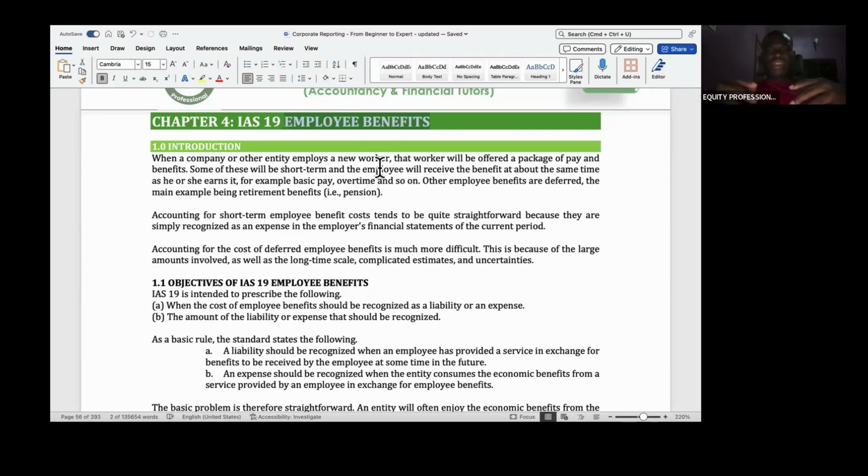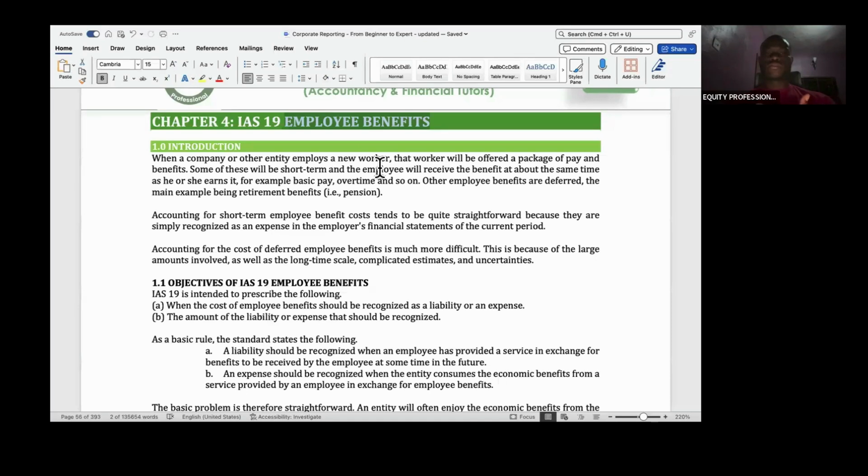So it is any form of consideration. But don't forget, when I say any form of consideration, except shares: if the consideration is in the form of shares, share options, or share acquisition rights, that means it's not going to be treated in IAS 19. It will be treated in IFRS 2.